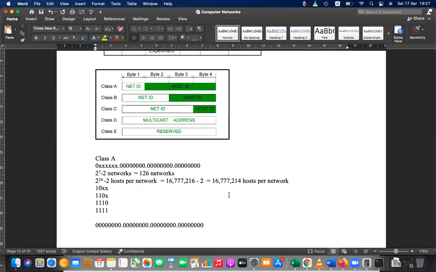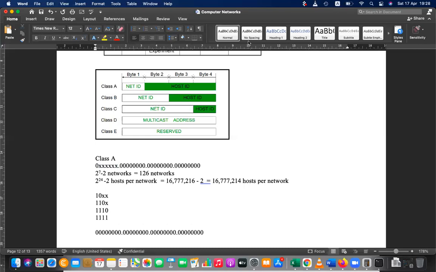You can also use a class A IP, but the thing is, it has a wide range, because only if you change this bit does the network change. So, understood what a class A network is?